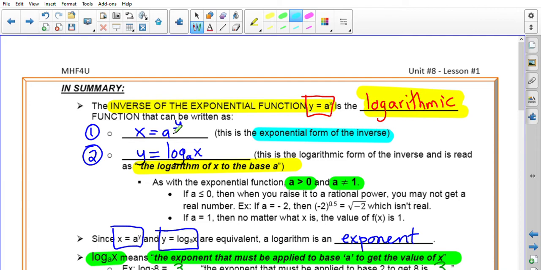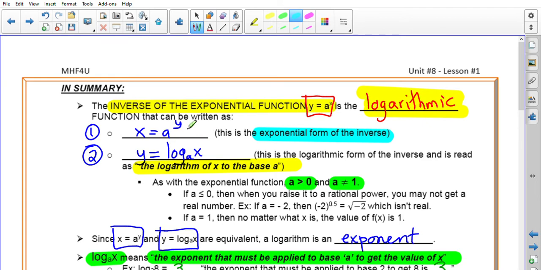So in math, we've decided to actually call this inverse equation something else. Instead of writing it like this, which can sometimes look a little ugly because we always like to have y equals, we decided, okay, let's rewrite this in a different way and call it log.